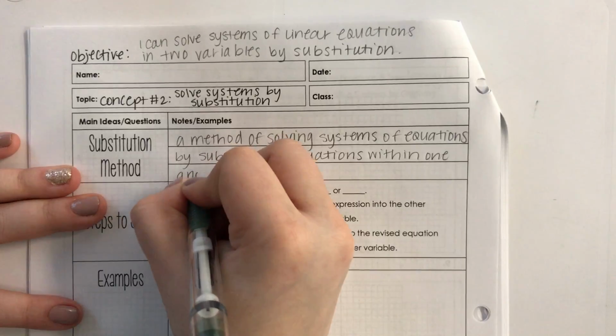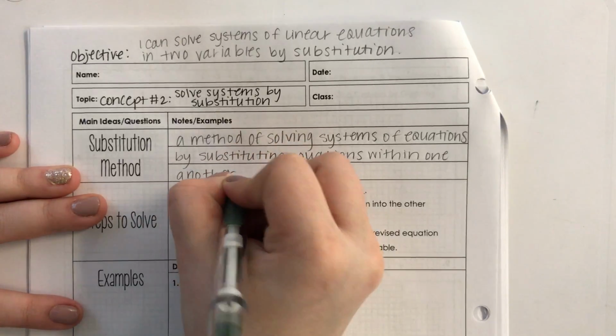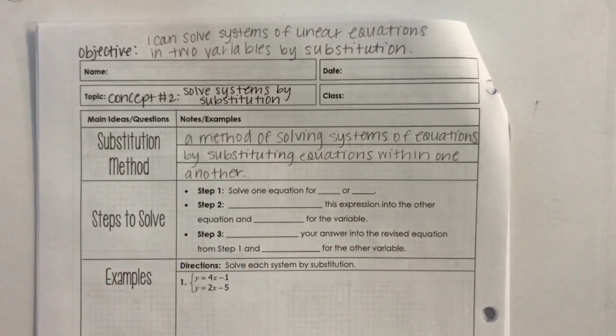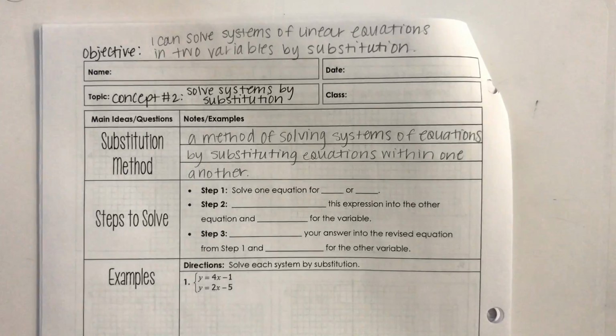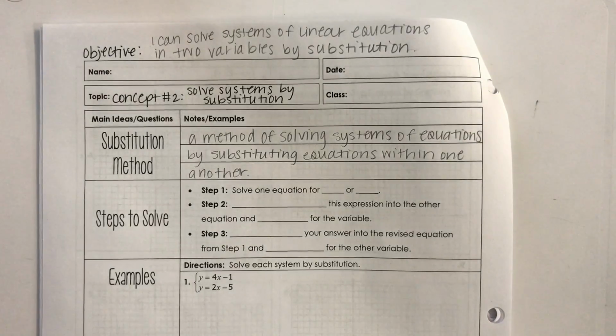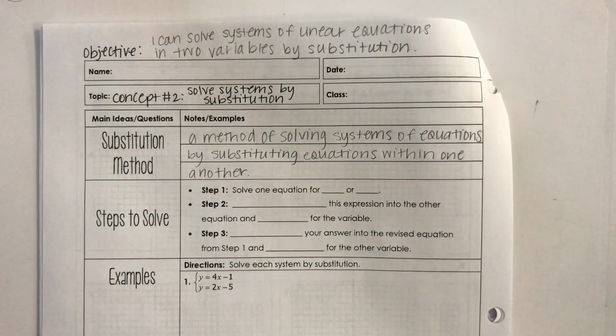It sounds complicated, but it's really not. Okay? So substitution method is a method of solving systems of equations by substituting equations within one another.